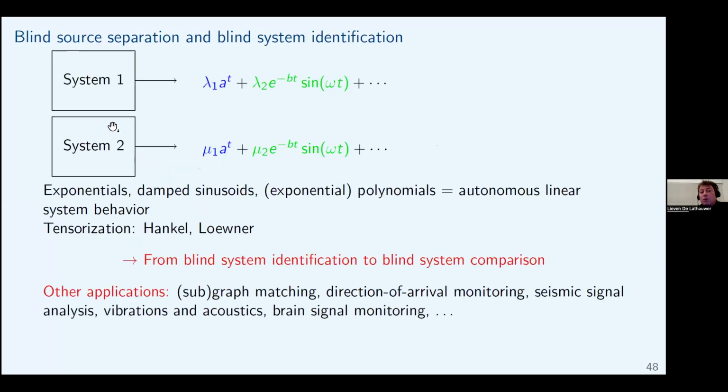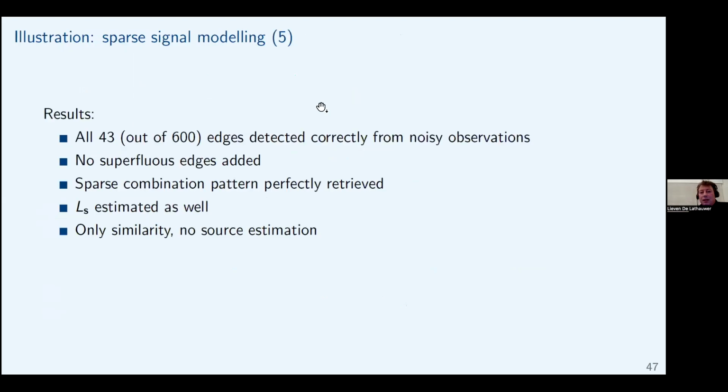For instance, it will also open this door. In systems theory, you have here a dynamical system, a second dynamical system, and you know that the autonomous response of dynamical systems takes the form of exponentials and sinusoids, etc. This is actually what we had here.